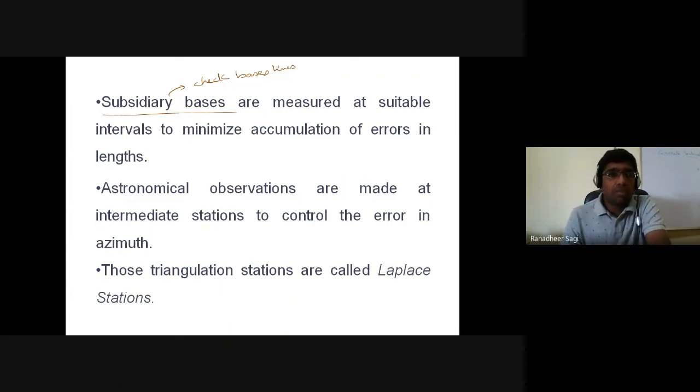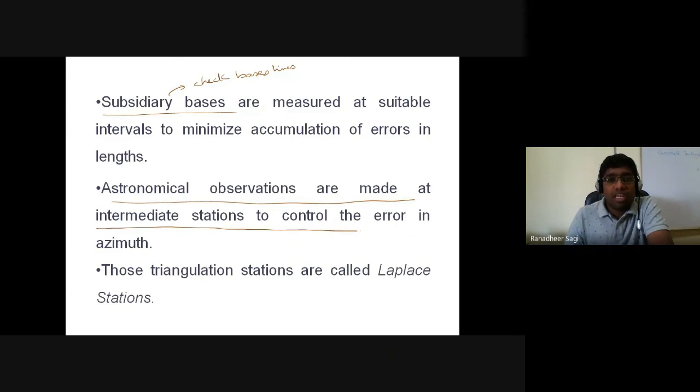and then subsequently we can eliminate that particular error based on various techniques that are available. Not only by check baselines, we also said we are going to find out the bearings of certain lines existing in that control network with reference to what is called an azimuth. That's your magnetic north.